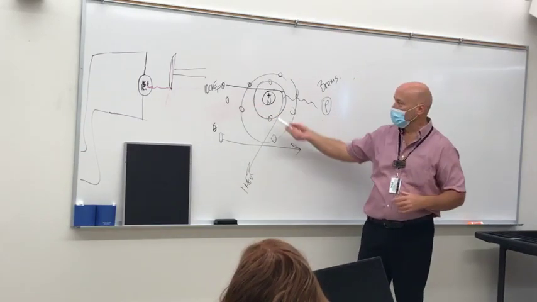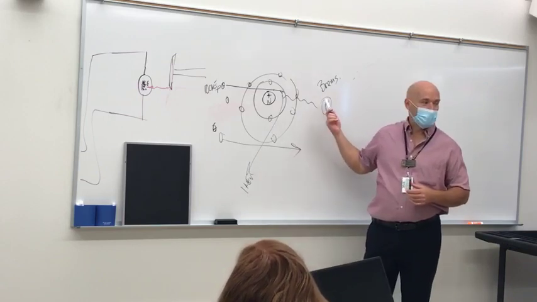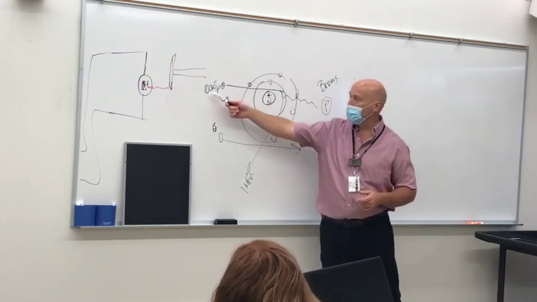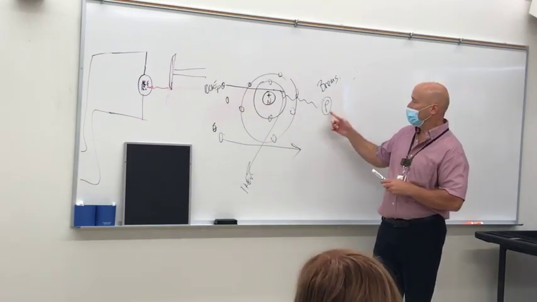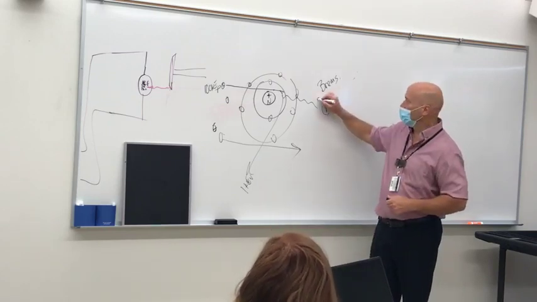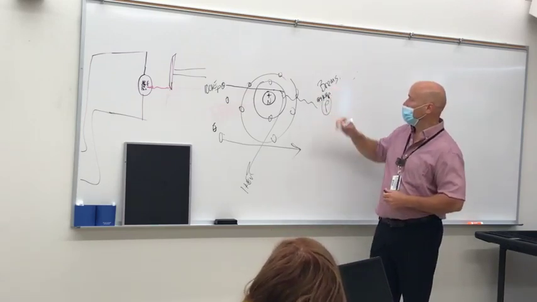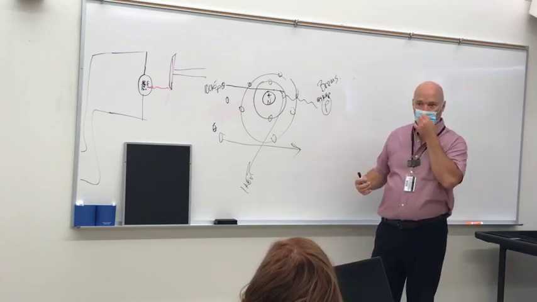Because of the gravitational pull of the nucleus of the atom, it slowed down dramatically, and we kicked off an X-ray photon equivalent to the difference between this and this. So what's the energy level of that X-ray photon? It's 99 kVp. We can create a chest X-ray if we have enough of those.